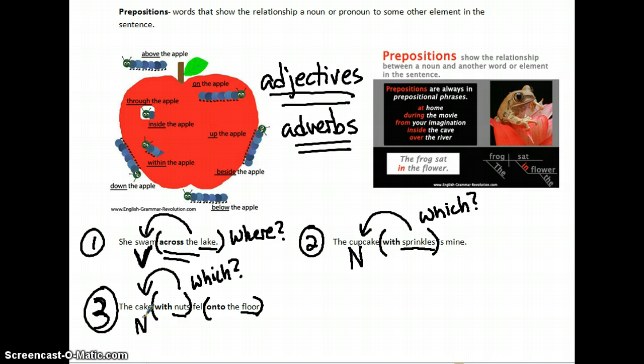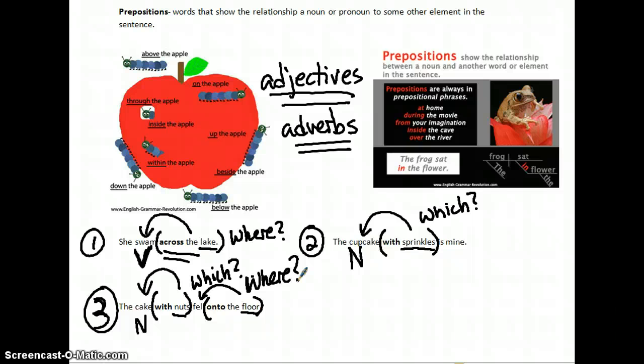But in the other example, onto the floor answers what question? Hopefully you're realizing it answers where it fell. It fell onto the floor, not fell on the table or fell in the refrigerator or off the counter.